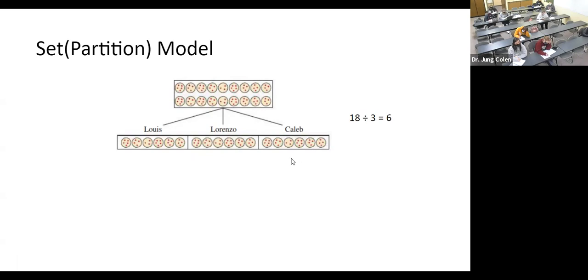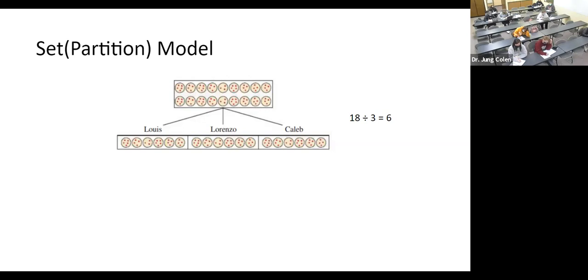I think this is a really fun activity to do with your students. If you have actual cookies or M&Ms, give them away. How would you do that? I think a lot of us do giving away one at a time, right? Out of 18, I can give one to Tana, one to Brianna, and one to Morgan.